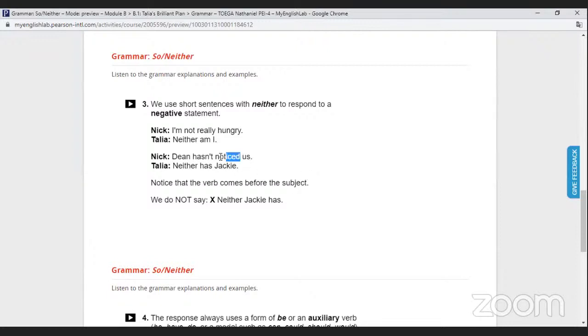Which tense is this? Hasn't noticed. It would be present perfect. Exactly, very good. That's also why we are using the auxiliary has, because of present perfect. Very good.